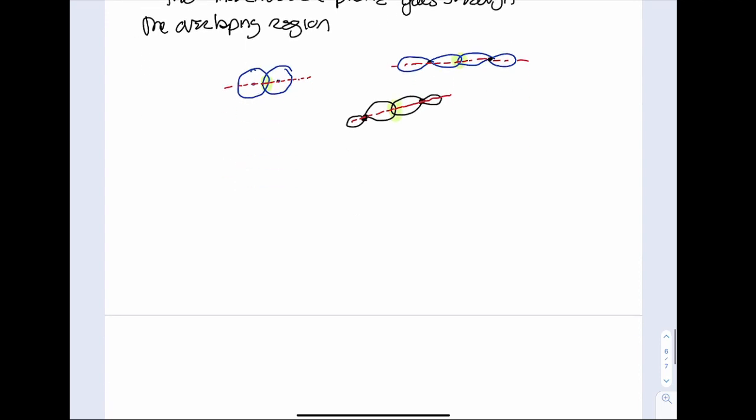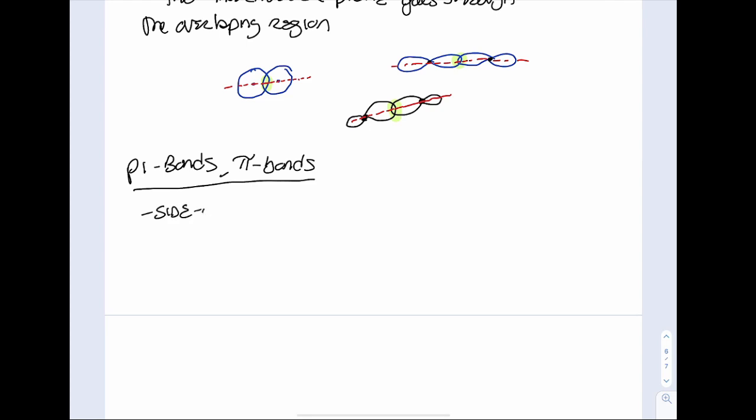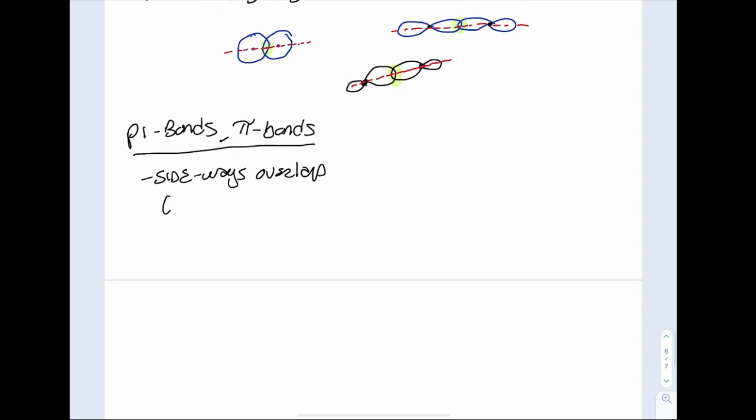My other type are pi bonds. So Greek letter pi as our abbreviation. And pi bonds are considered the sideways overlap. Sometimes called edge to edge.